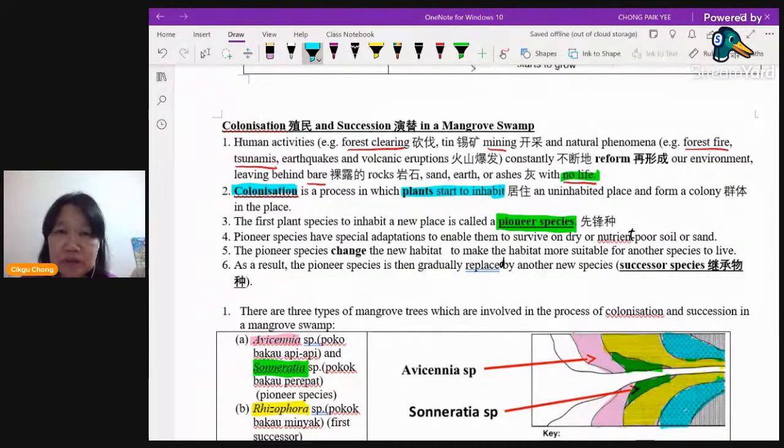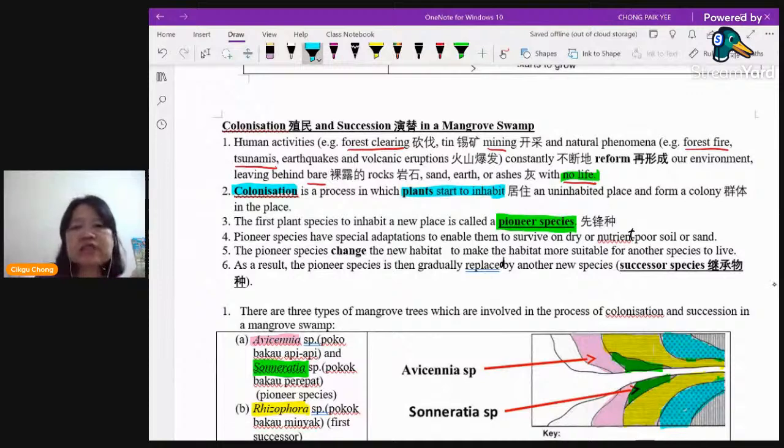So maybe some grass will start growing. That species, the first species that is able to stay there, where previously there's nothing, is called a pioneer species. Pioneer species means the first one, the species that is able to grow there for the first time. Previously no plant was able to stay there.